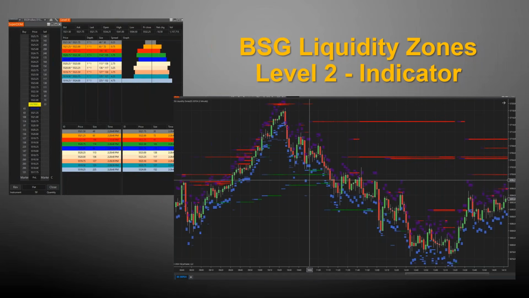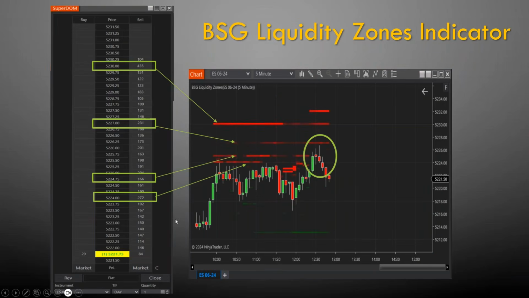Until now, I'm just trying to explain why the liquidity zones indicator is important, and also why level 2 is important, so that you can find all the order flow data coming in the market in terms of level 2 on the chart right away. Okay, so like I said, we take all the information, find the important outliers, and ignore all the noise.